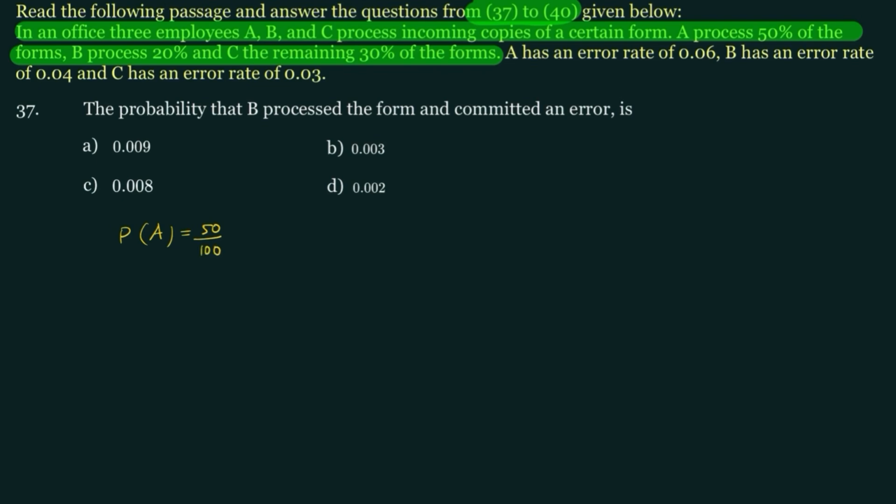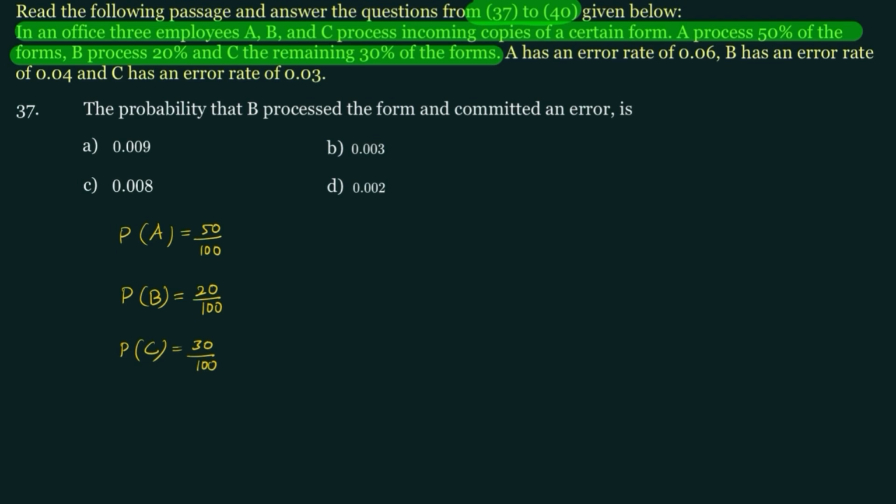And let us consider an event B, which means the event that the form is processed by the employee B, and the probability of B is equal to 20%, and that is 20 by 100. And similarly, let C be the event that the form is processed by C, and the probability of C is given as 30%, so that is 30 by 100.